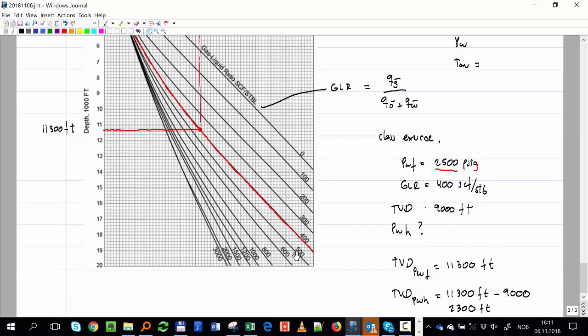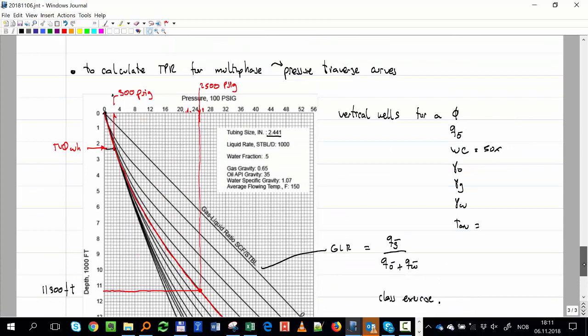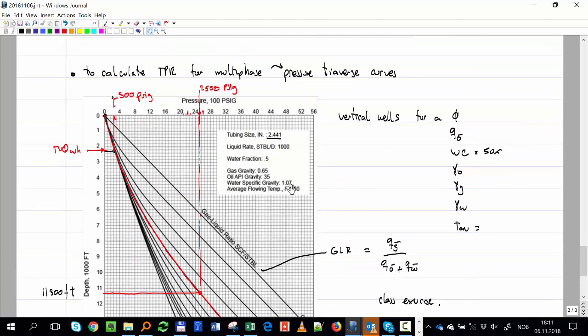The reasoning behind it is that if the fluid is the same, if the rate is the same, if the tubing is the same, at one particular pressure, I will have the same pressure drop, the same dP.